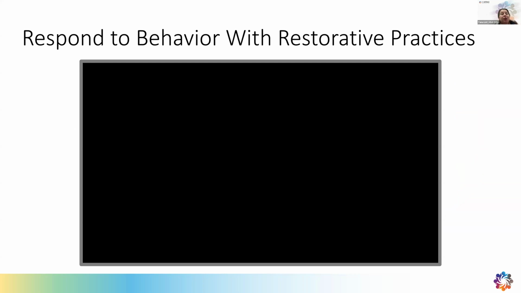And really what we're talking about here is we've understood some of the causes of student behavior. Now we want to start thinking about the ways in which we're going to respond. And one of the things that is the focus of our area is the idea of restorative practices or restorative justice. And so we are going to be watching a short clip about that topic.